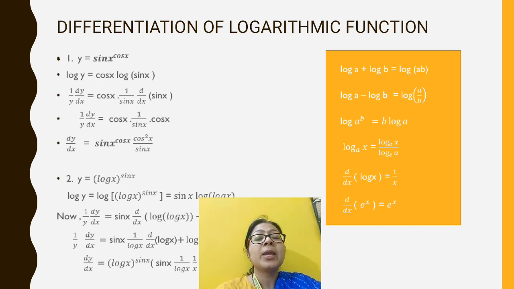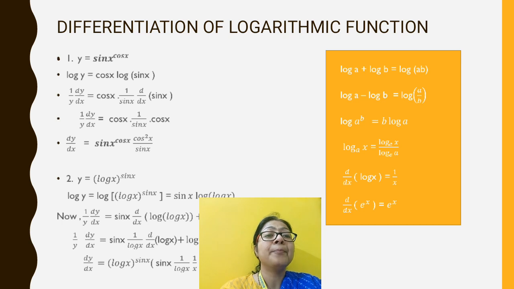Now the derivative: we know the derivative of log x is 1 by x, so the derivative of log y is also 1 by y. But since we are differentiating with respect to x, we get dy by dx, so 1 by y dy by dx on the left hand side. What will we get on the right hand side?